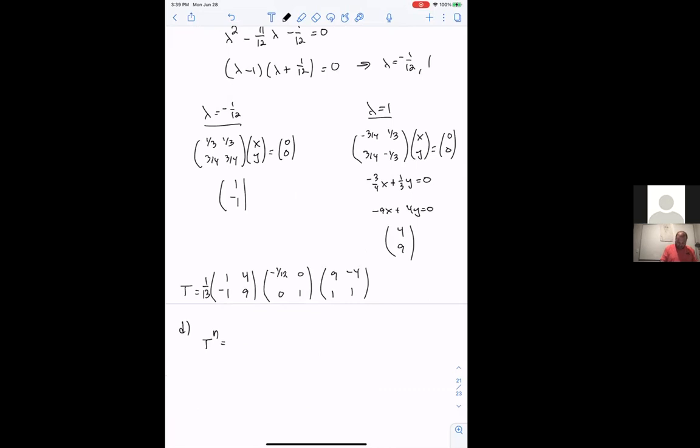So T to the N is 1/13 times 1, 4, negative 1, 9, negative 1/12 to the N, 0, 0, 1, 9, 1, negative 4, 1.